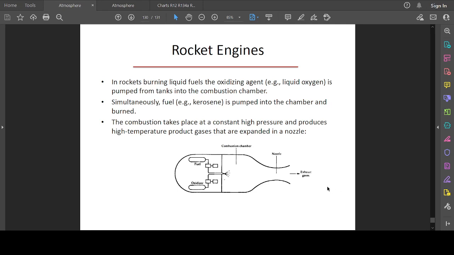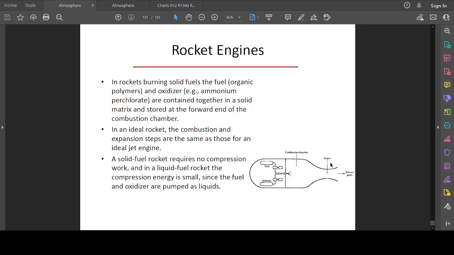In rockets burning liquid fuels, the oxidizing agent is usually liquid oxygen. This is pumped from the tank into the combustion chamber, and simultaneously the fuel, normally kerosene, is pumped into the chamber and burned. The combustion takes place at a constant high pressure and produces high temperature product gases that are expanded in a nozzle.